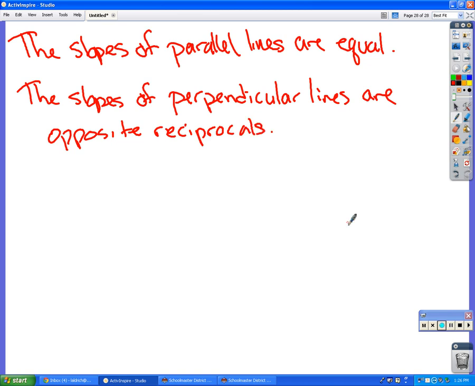So there are our two facts for today. Parallel lines, same slopes. Perpendicular lines, opposite reciprocals. So the reason why this is nice is because now we can figure out some math with these things without having to, like I said, do constructions or look at the graph or anything like that.